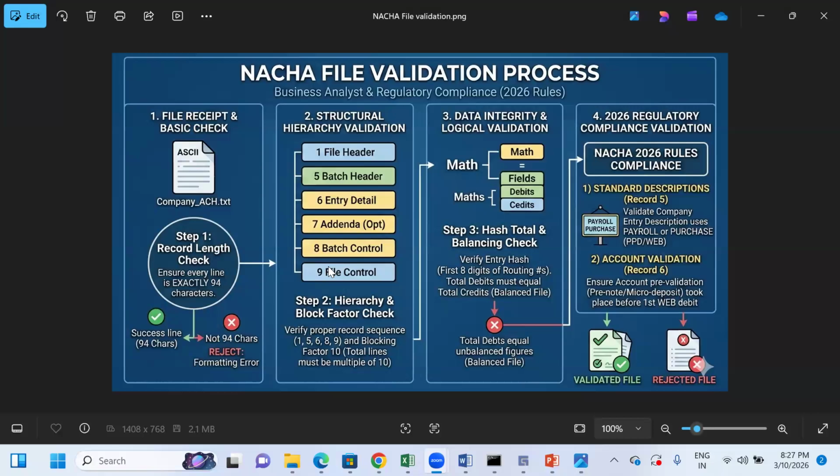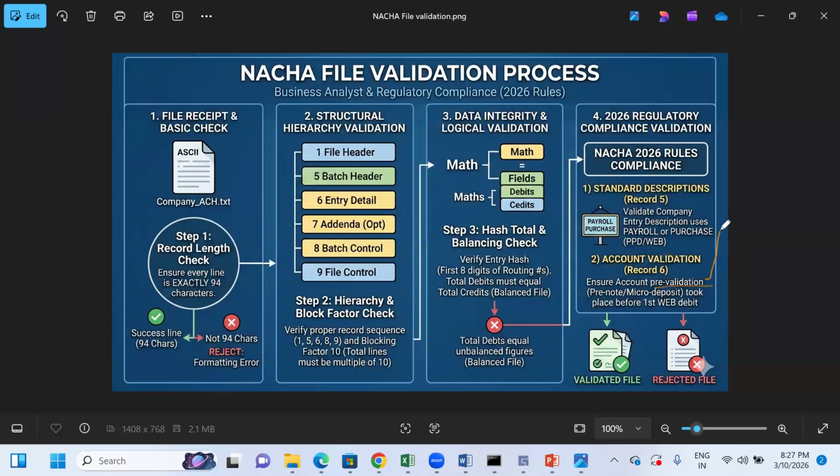The pre-note and micro deposit account pre-validation. What is account pre-validation? Account validation means the account from which we are sending has to be validated.